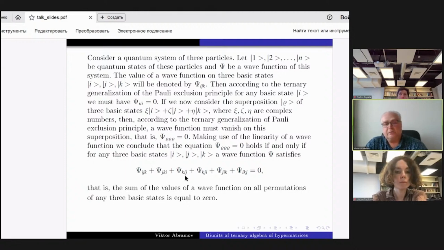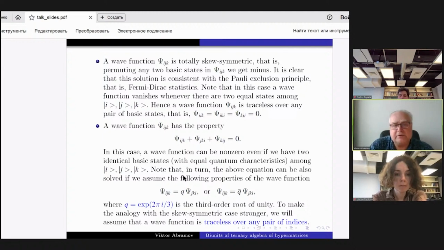And now we have several cases for how we can solve this condition. First, when we assume that this wave function is totally antisymmetric, this will be consistent with the Pauli exclusion principle of Fermi-Dirac statistics.